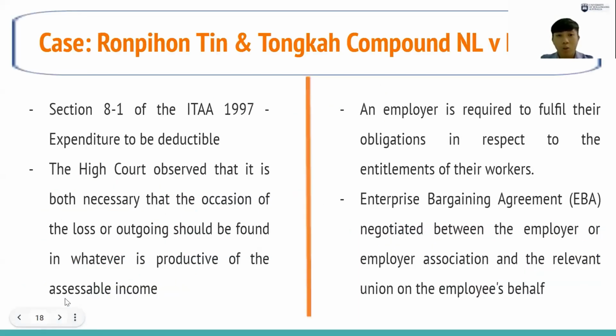For expenditure to be deductible under this section, there must be a sufficient relationship between the outgoing and the production of assessable income, so that the outgoing is relevant to the production of assessable income. The related case was Ronpibon Tin and Tongkah Compound NL versus Federal Commissioner of Taxation.